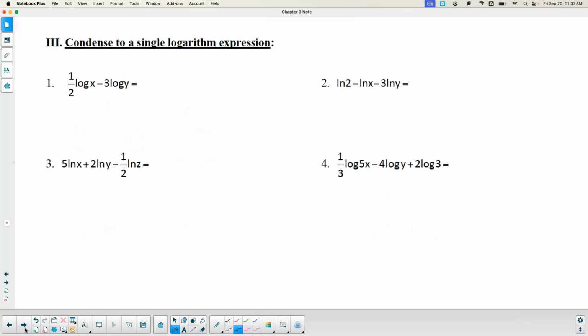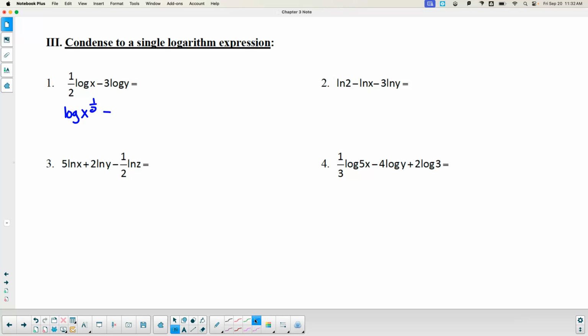Going back the other way then, here in our last 3 minutes, okay? Coming back, now we're condensing into 1 log. So now what I've got to do is I've got to do all of those properties, but in reverse. So the first one that I'm going to apply is I'm going to apply the power property in reverse. So that becomes x to the 1/2 power.